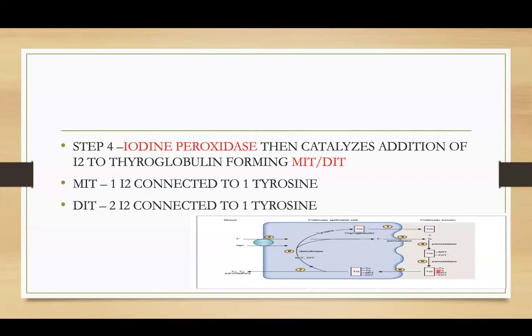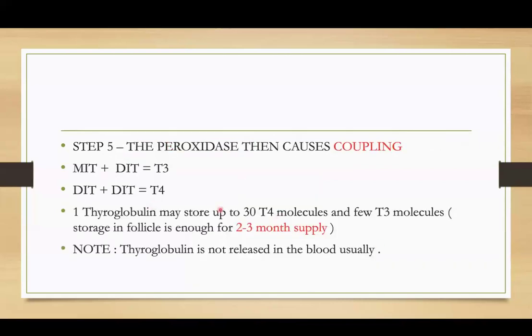Most of the secretion is T4 and then it's turned into T3 peripherally by 5' deiodinase. So the thyroglobulin can store these, and this is enough for a 2 to 3 month supply. So basically, what that means is if you were to completely shut down the thyroid gland activity for 2 to 3 months, it would be okay because we have a reserve of these. But then after the reserve is over, then we need to synthesize new ones, right?